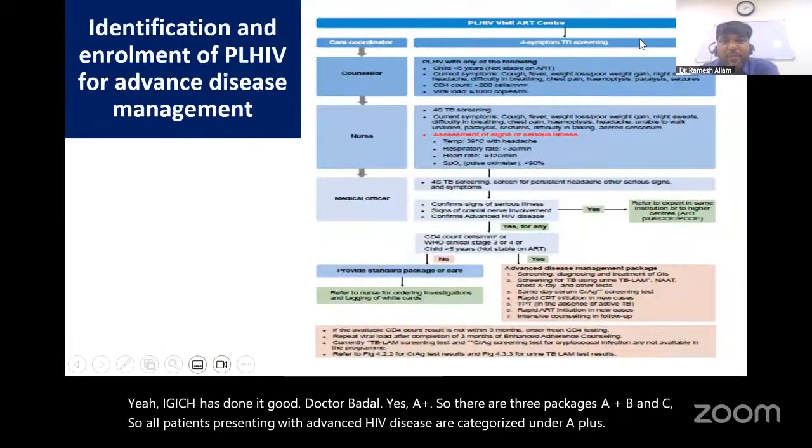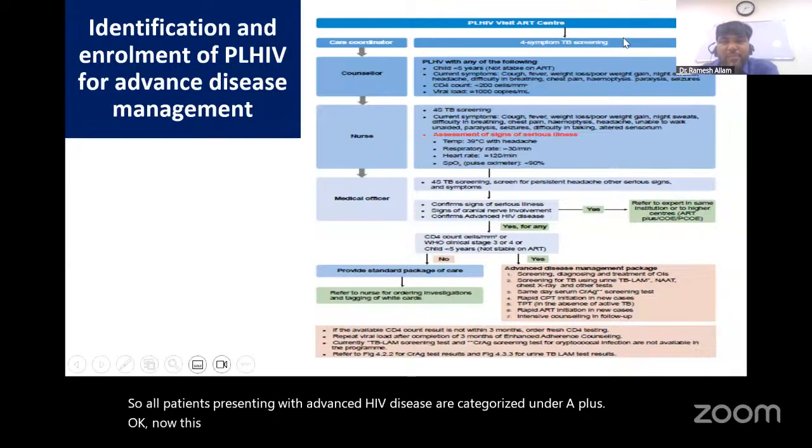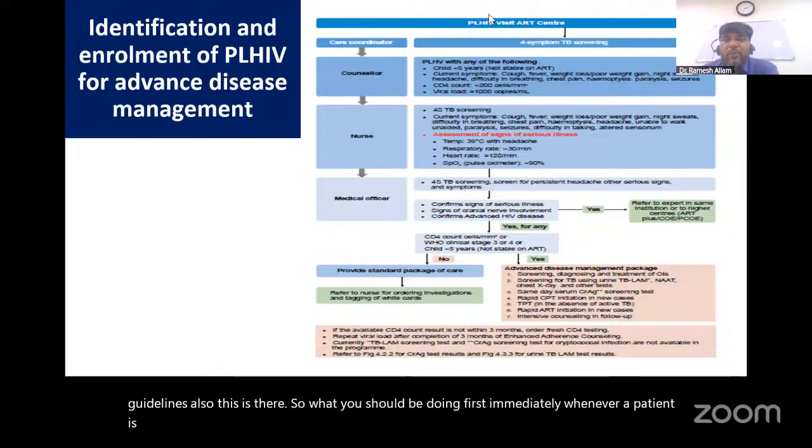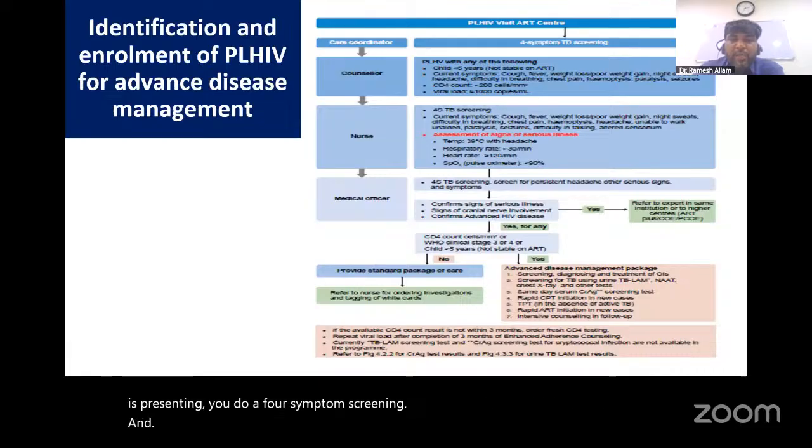Okay, now this is the algorithm. This is present in your operational guidelines and in technical guidelines also. What you should be doing first, immediately whenever a patient is presenting, you do a 4 symptom screening, and the counselors will look into the viral load of the patient, the CD4 count, or any symptoms the patient is presenting.